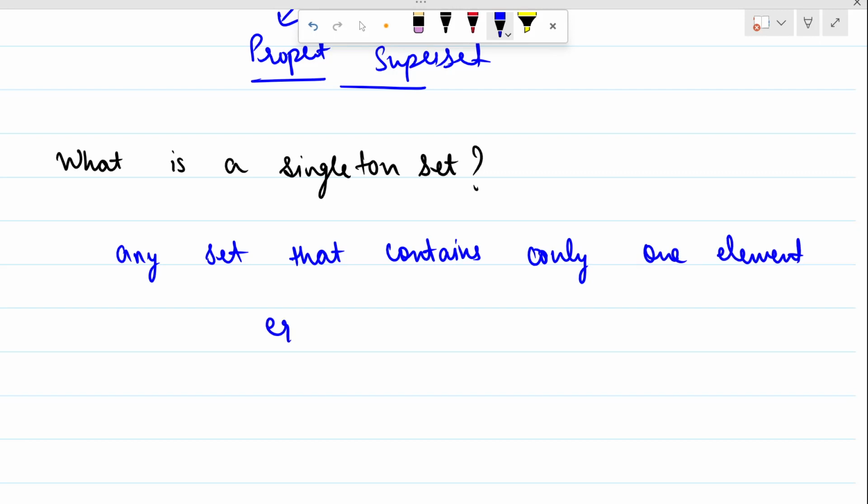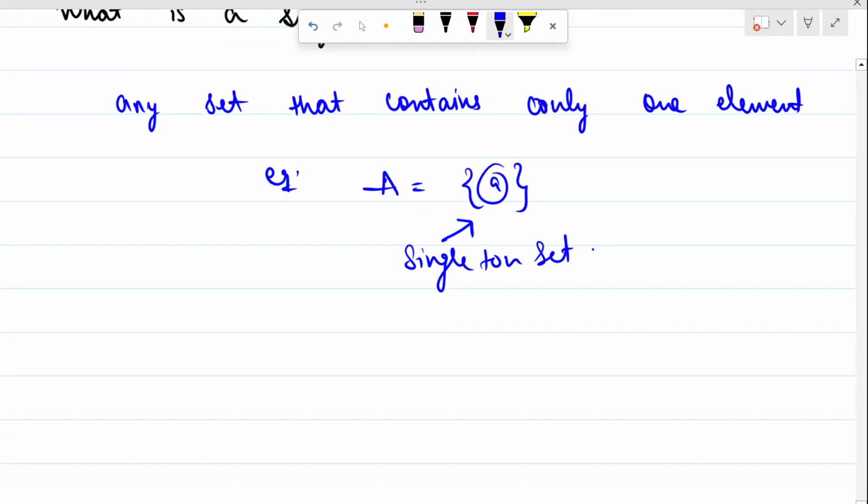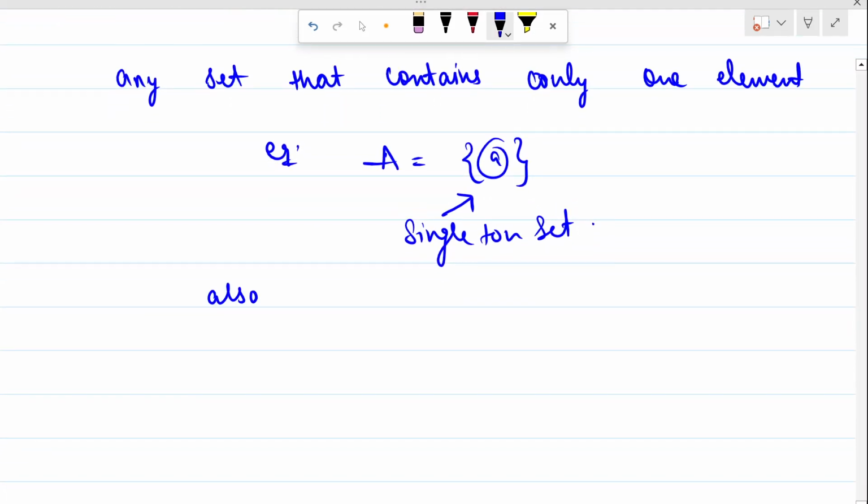For example, A equal to {a} is a singleton set because it contains only one element, a. Also, the empty set is not a singleton set.